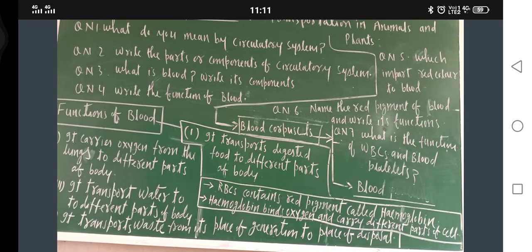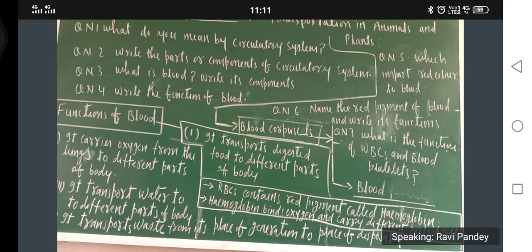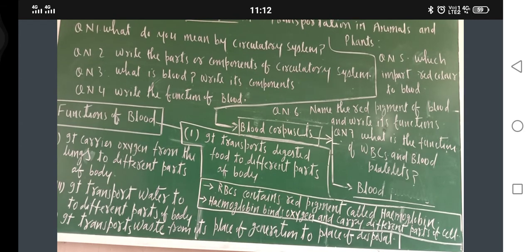When indiscriminate division is there in that particular portion, they will pile up so many cells. So a tumor will develop. Tumor means outgrowth. That is only called cancer. There are different varieties of cancers.